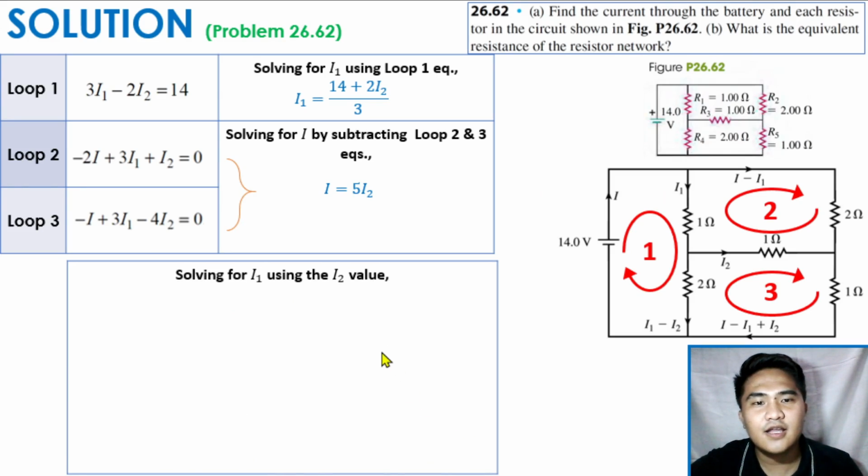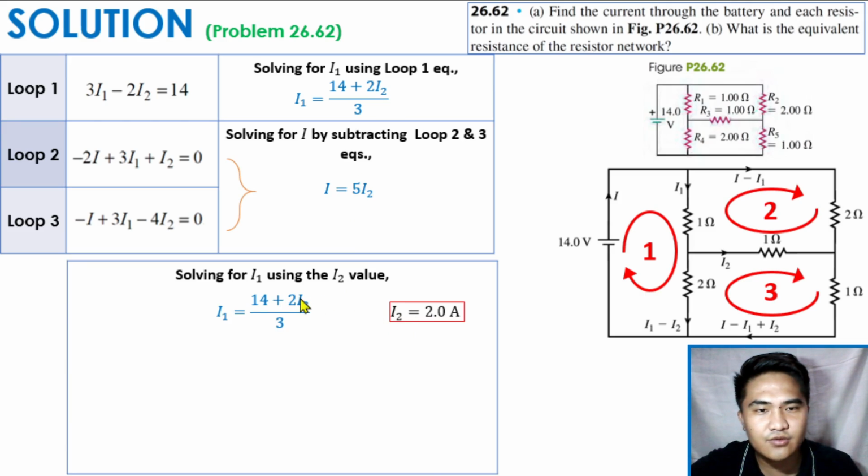Next, let's solve for I1. Using this I1 equation and substituting I2 with its value of 2 amperes, we will get this.